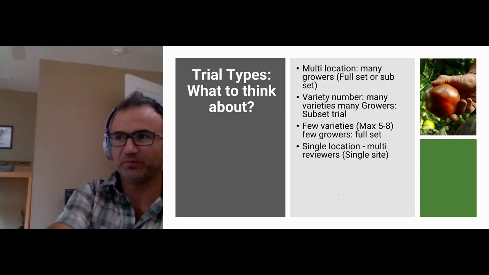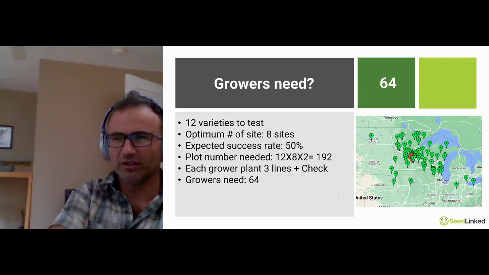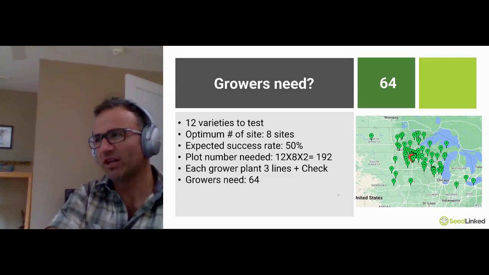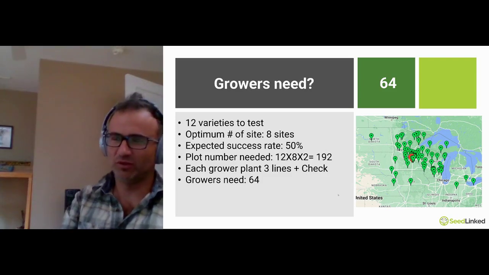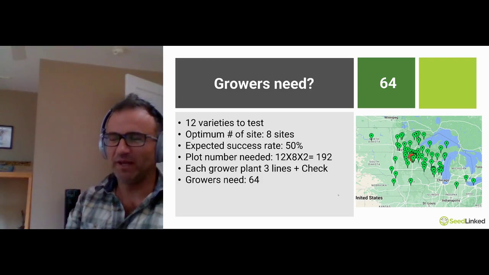In terms of assessing how many growers you need and what your target is, or how much you have to push to bring in more growers, let's say you really want to assess 12 varieties, and let's recommend an optimum of 8 successful sites per variety.